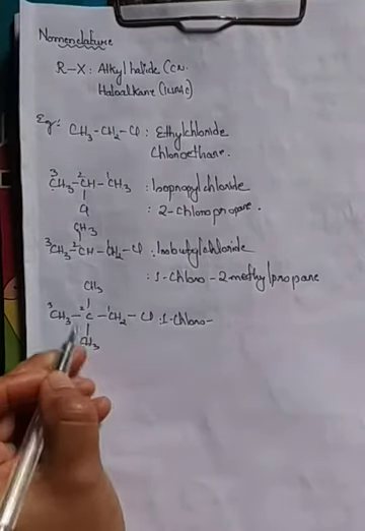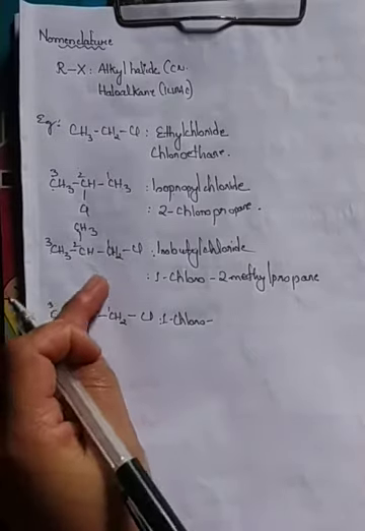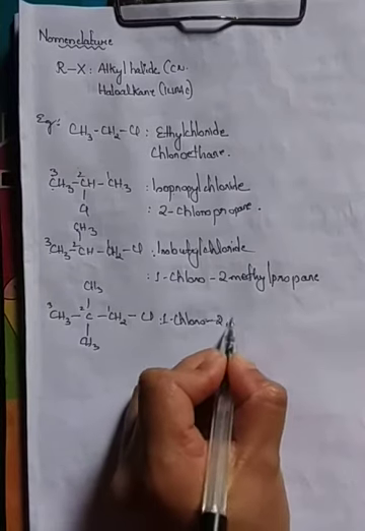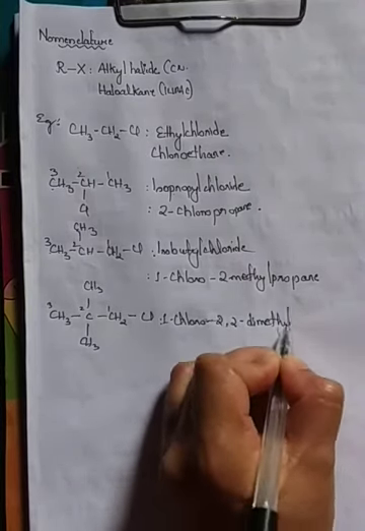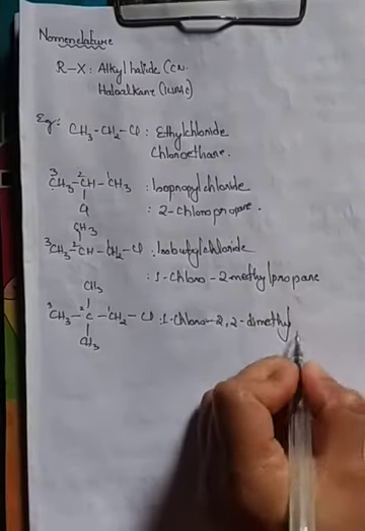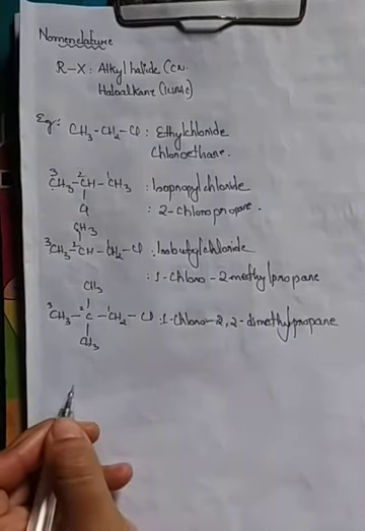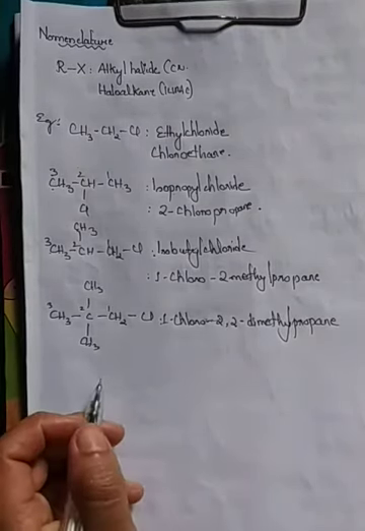In position number 2, we have two substituents that have no numbering. Therefore, these two will be considered as substituents, so we have two methyl groups. Therefore, it will be 2,2-dimethyl. Three carbon atoms, 1, 2, 3, propane. 1-chloro-2,2-dimethylpropane. This is the nomenclature of our haloalkanes.